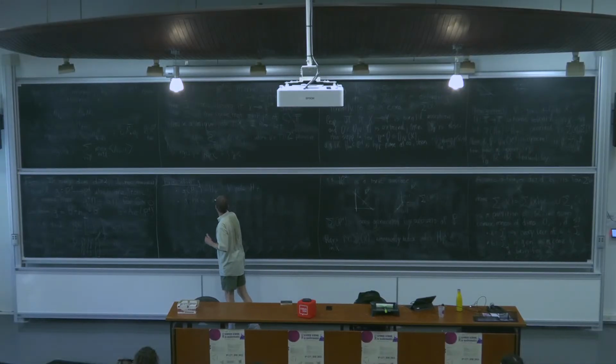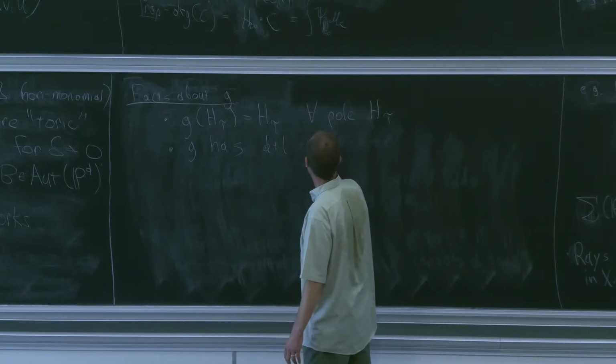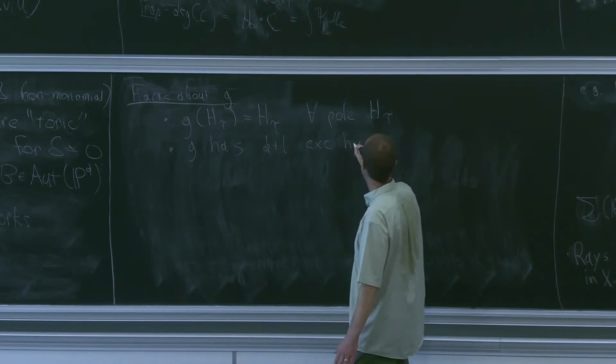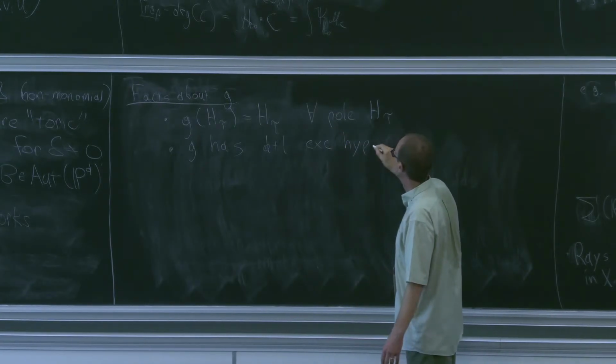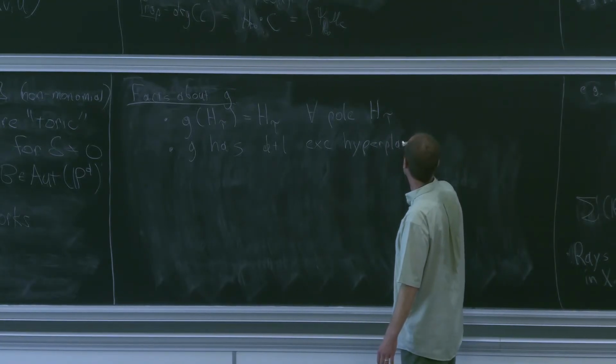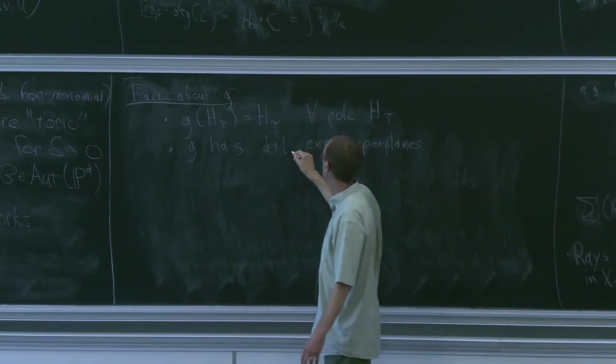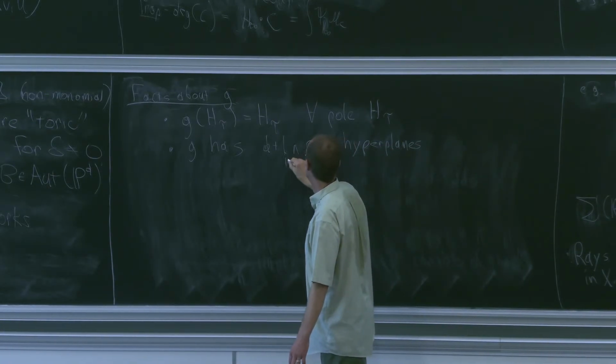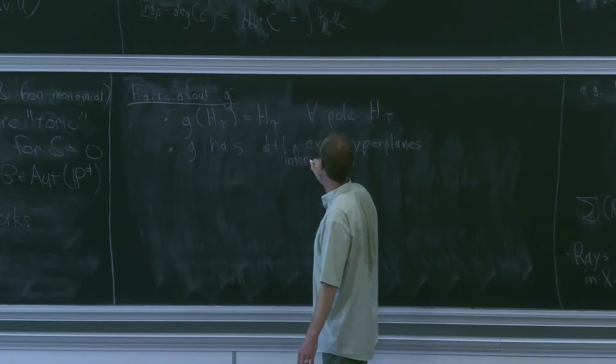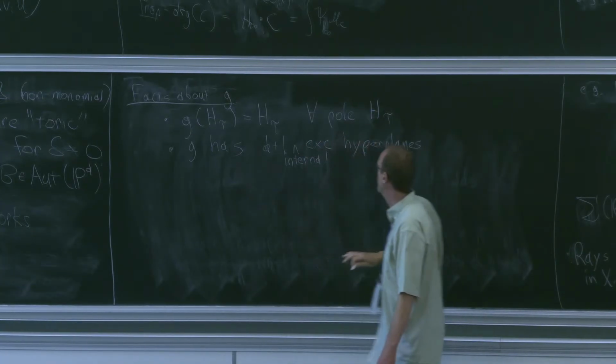Also, G inherits a lot from its parent here, the standard Cremona involution, so G has d plus 1 exceptional hyperplanes, even in P^2, or in any surface. And they're all internal. They all meet the torus, so G is not a monomial map.